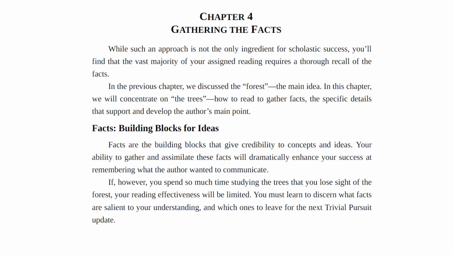You must learn to discern what facts are salient to your understanding. Salient is kind of like, it's a very high level word. It kind of means what's important. And then discern is a high level word for figure out. I remember college teachers saying, I'm reading your paper and I'm trying to discern what the facts are. So trying to understand, figure out, and then which ones to leave for the next Trivial Pursuit update.